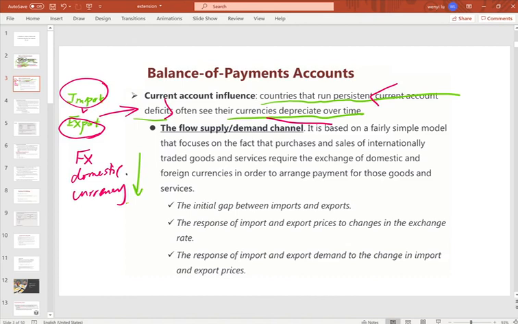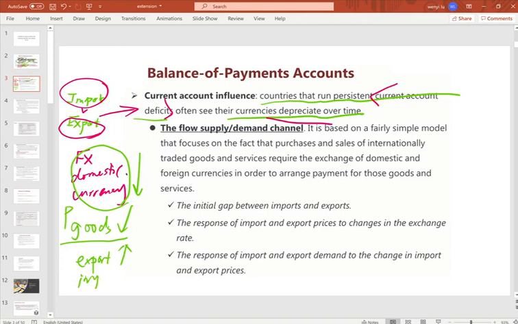You can see here, if the domestic currency depreciates, the price of the goods in your country is going down. If the price is getting cheaper and cheaper, your export will become more competitive. So your export, because the price is going down, should go up.